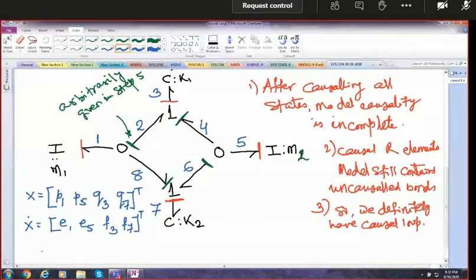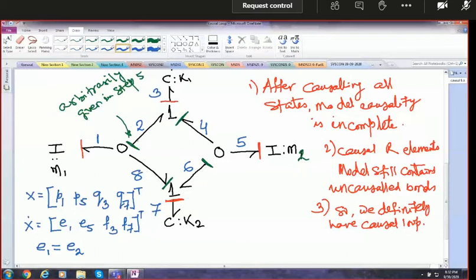So let's try to write one equation. E1. What is E1? The strong bond is E2. So E1 is E2. E1 itself is the output of the zero junction, and for this zero junction, 1 to 8, the strong bond is 2. That is the one which is giving effort to the zero junction. So E1 is equal to E2, E8 is equal to E2. That's what we should have written. Then at the one junction, 2 is the strong bond. So E2 can be written as E4.